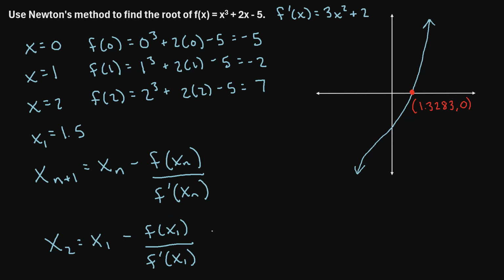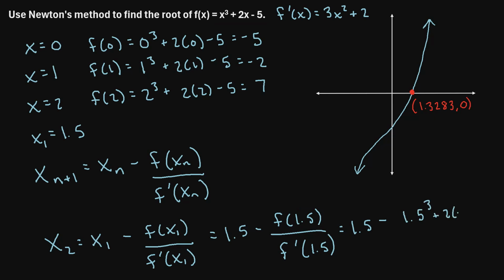For x1, we said we'll use a value of 1.5. So we have 1.5 minus f of 1.5 divided by f prime of 1.5. That means plug an x value of 1.5 into this function, so that would be 1.5 cubed plus 2 times 1.5 minus 5.